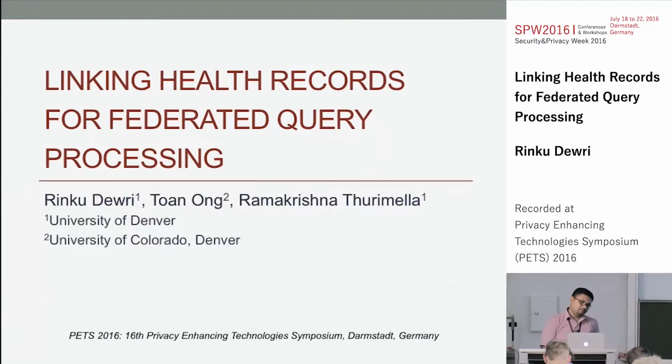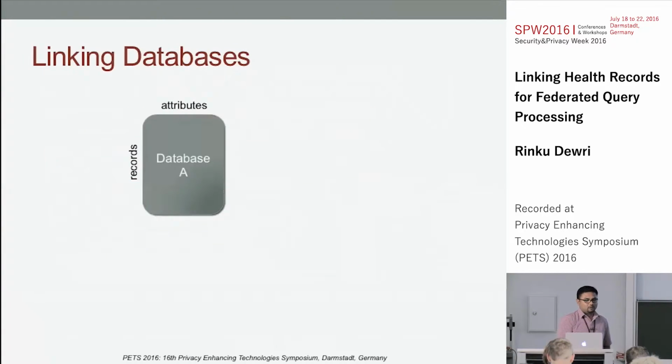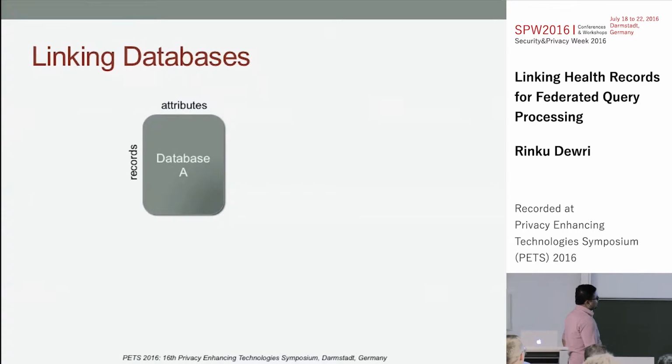I'm going to dive into the problem of what it means to link databases in general. In our case, a database has a table form which has records. Each record could be about one individual, and then you have fields or attributes.